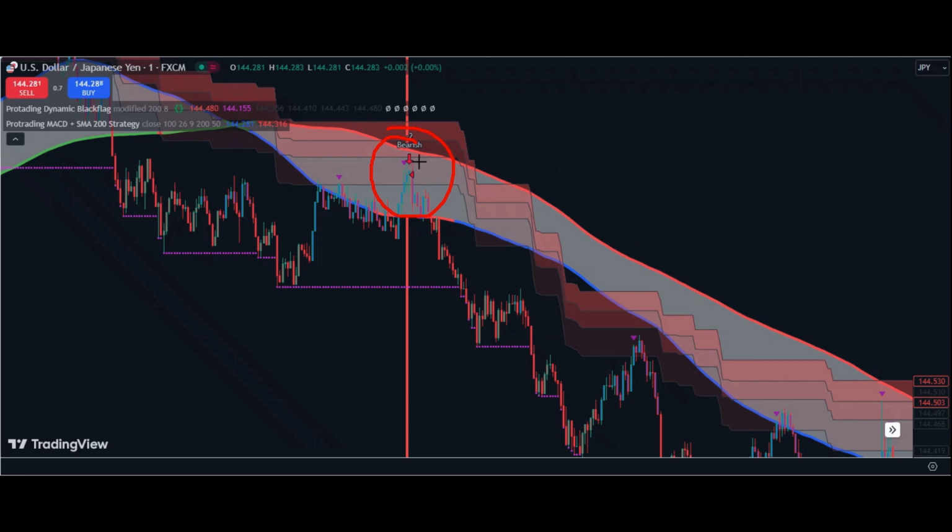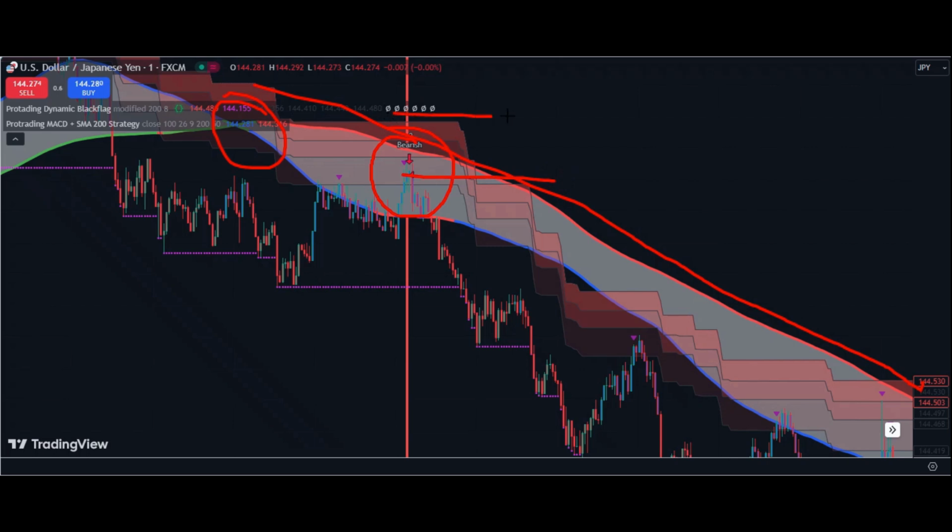Whenever you get this signal and you have the direction already determined at this point, telling you that the trend is going down, you also have the pro dynamics telling you that the trend is going down. You see all are moving down, and you get this signal here telling you that this is a bearish opportunity in the market.